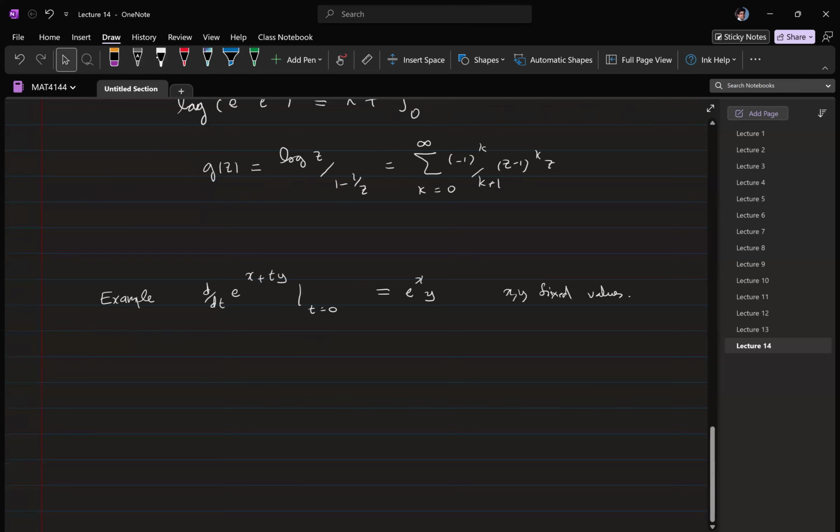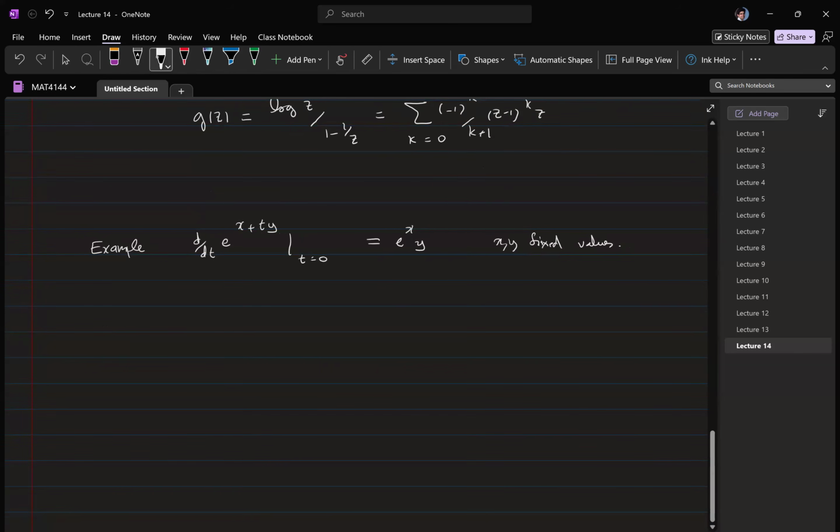However, what if I wanted to differentiate the following? I state it as an assertion, a theorem: the derivative of e to the x plus ty at t equal to 0 for x and y n by n matrices. Maybe I just write it here.